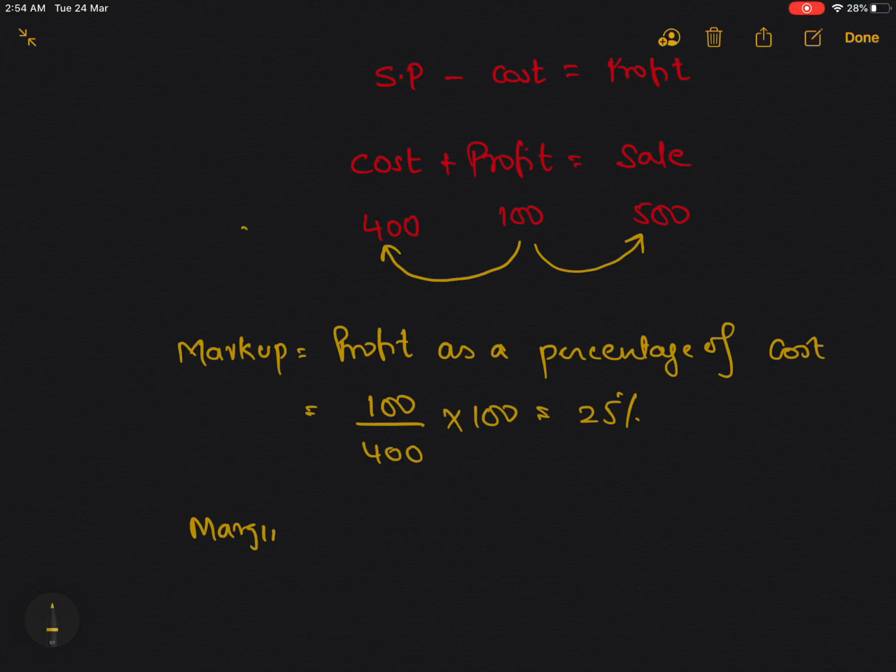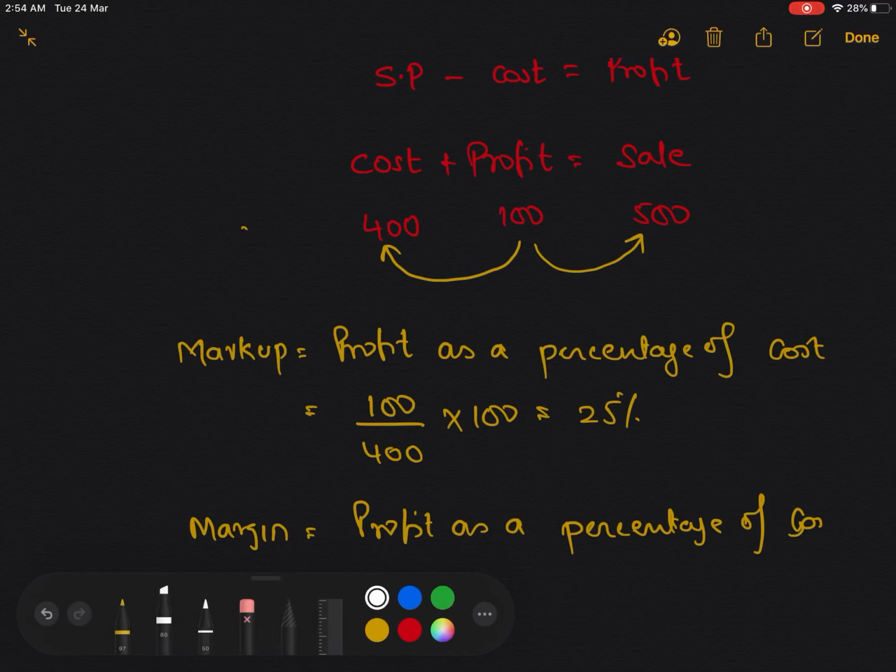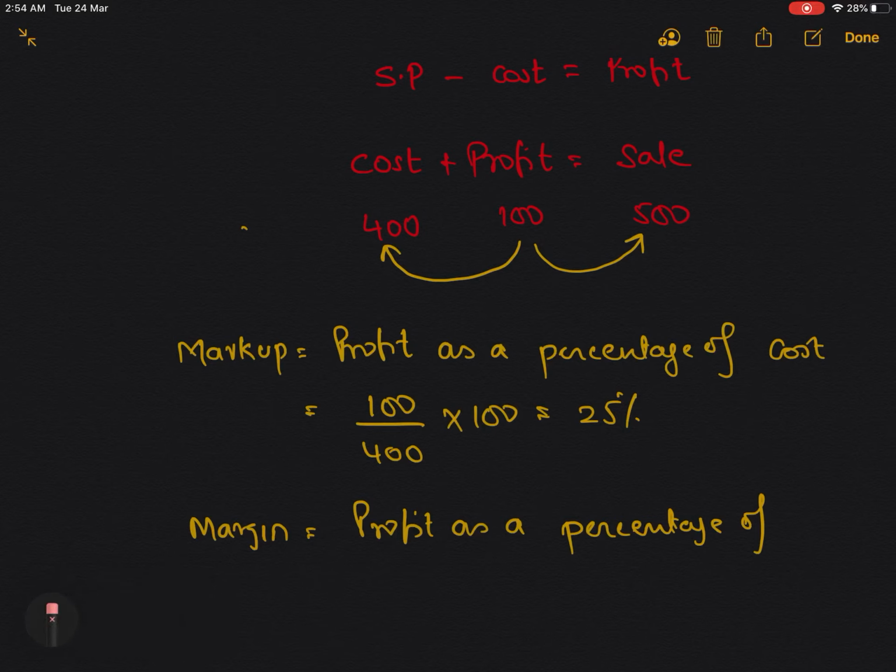Margin is profit as a percentage of sales. That means 100 upon 500 into 100.